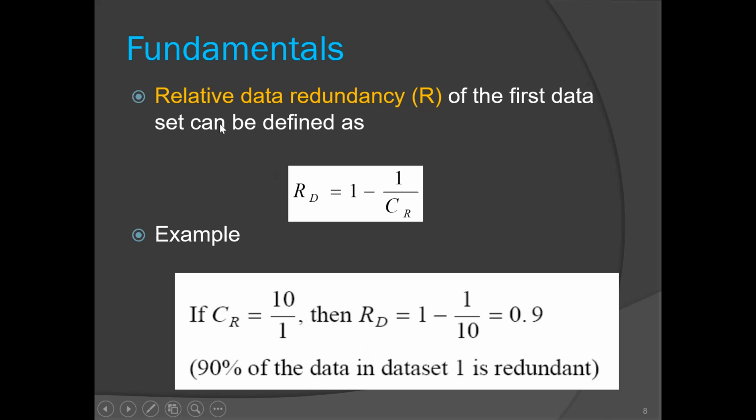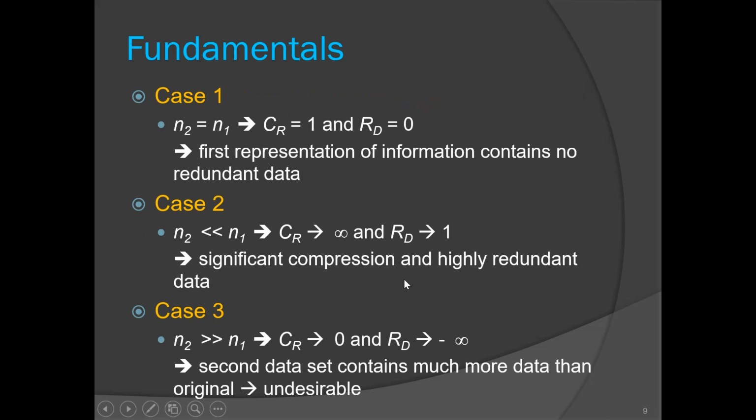Then we have seen the definition of relative data redundancy, which is represented by R, and it is computed using this equation, 1 minus 1 upon C. And what is the meaning of this R value? If we have R equal to 0.9, that represents 90% of the data in the original data set was redundant. So that is the significance of this value.